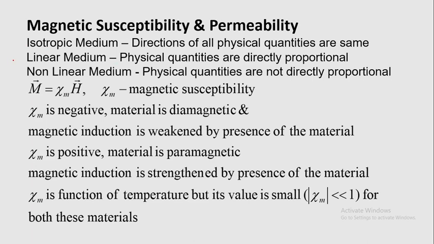Now first we will consider a linear medium, meaning physical quantities are directly proportional. For example, the physical quantities are vector M, vector H, and vector B. Vector M is directly proportional to vector H. H has to do with the external field, because of which the material will get magnetized, and this magnetization is proportional to the magnetic intensity.